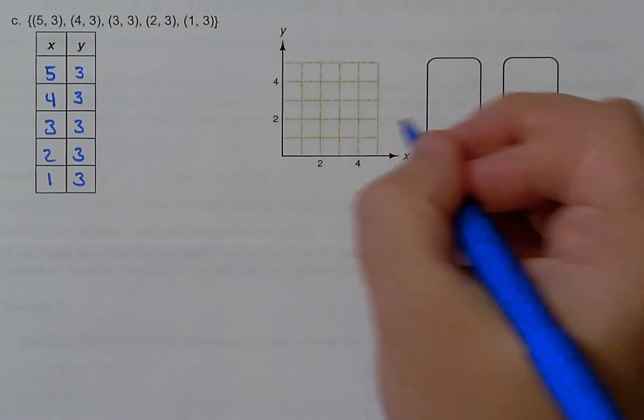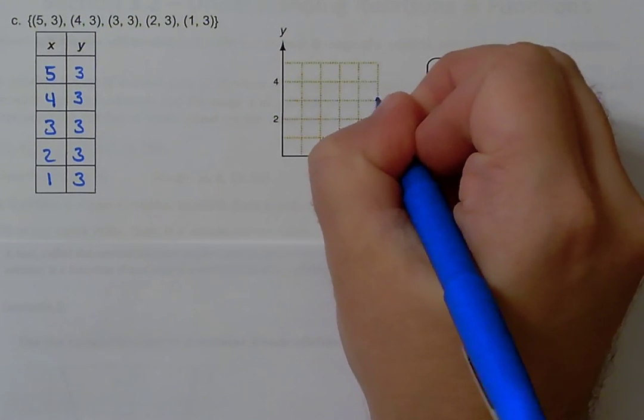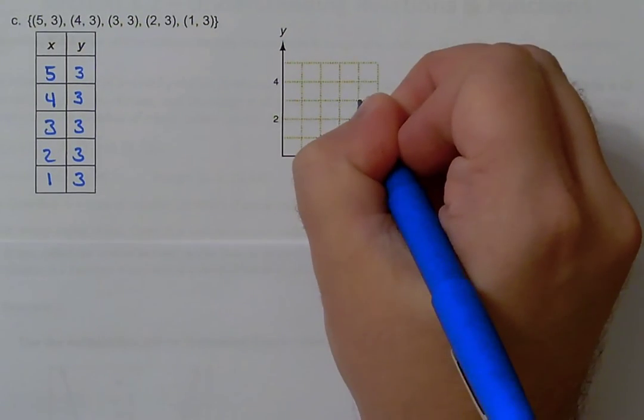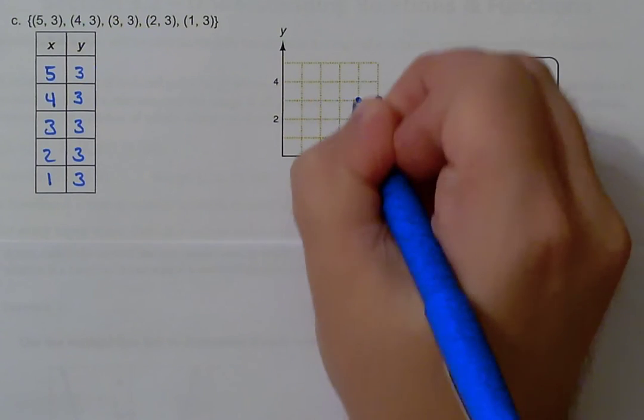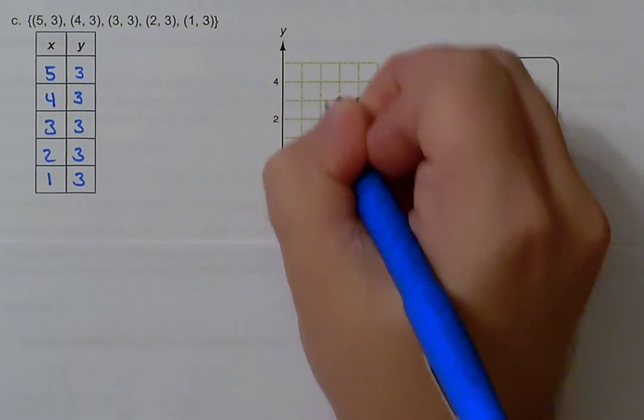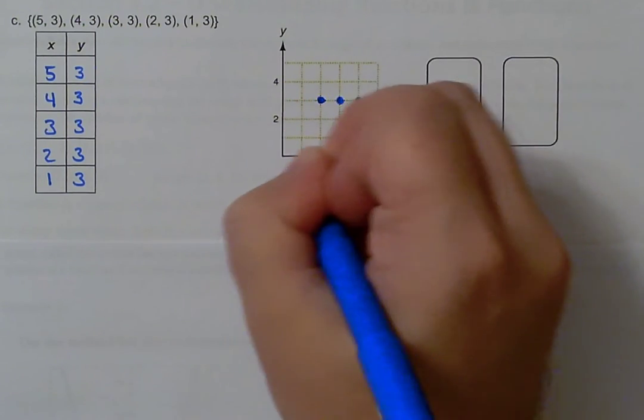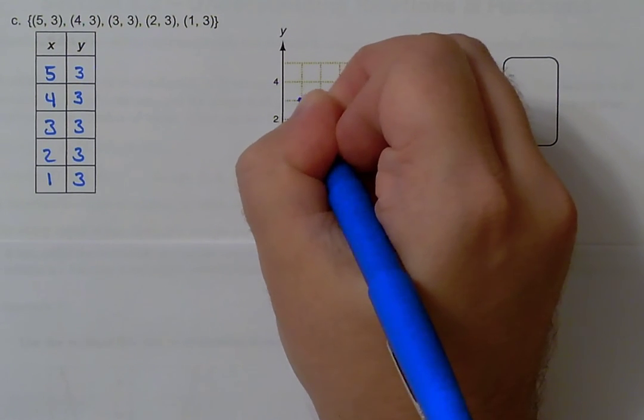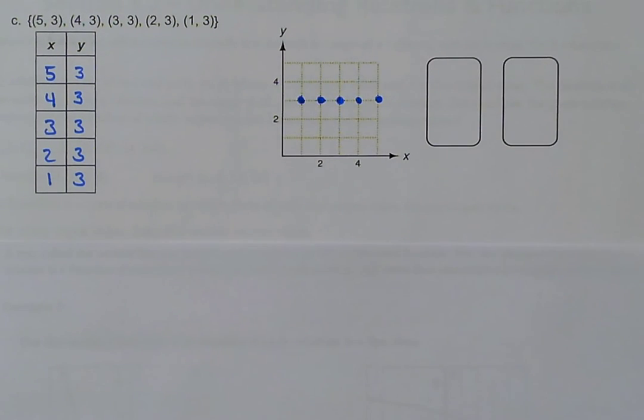It's 5, 3, so over 5 up 3; 4, 3; 3, 3; 2, 3; and 1, 3. All right, so that is my graph for that relation.